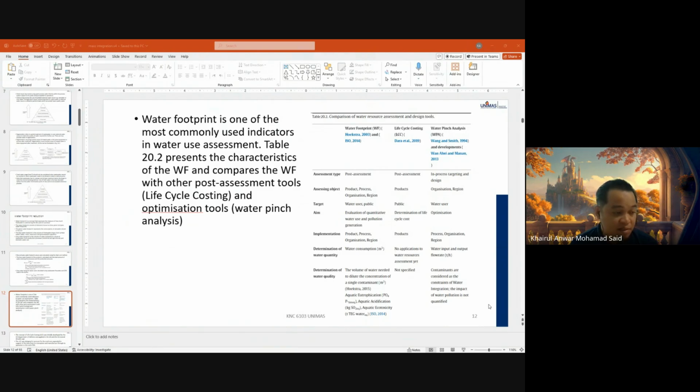So the answer to this question: we have reduced the freshwater, meaning the blue water footprint, by conserving the raw fresh water.